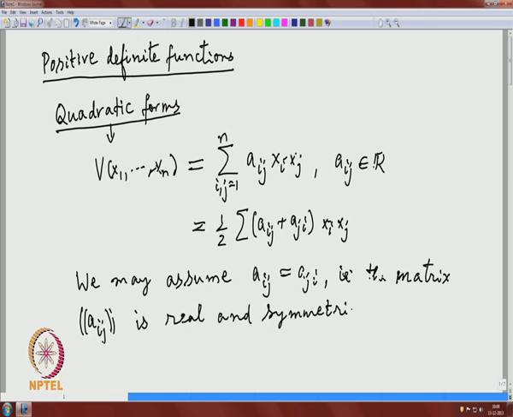So, this means the coefficients, the matrix elements A_ij are all real, and symmetry means A_ij equals A_ji.